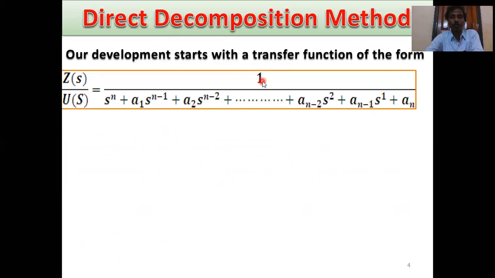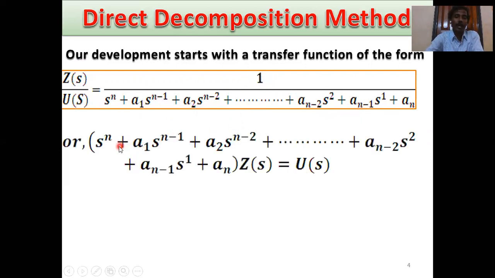Z(s)/U(s) equals 1 divided by s to the power n plus a1 s to the power n minus 1 plus a2 s to the power n minus 2 plus ... plus an minus 1 s to the power 1 plus an. This is the first part. So first multiply U(s) into 1 and Z(s) into the denominator. Z(s) into the denominator and U(s) into the numerator 1.